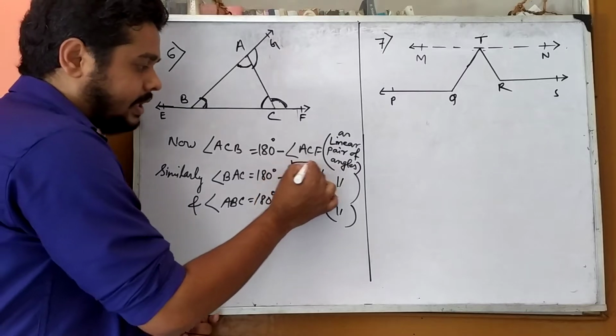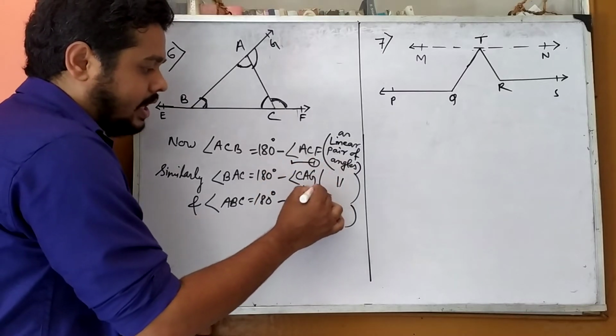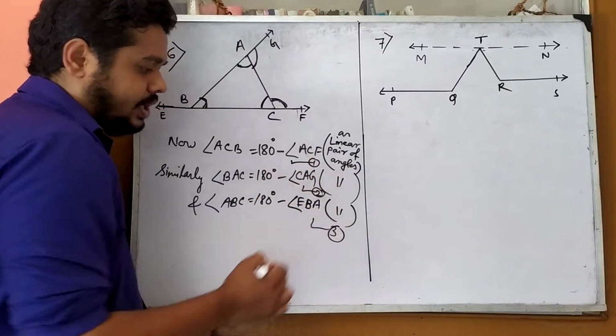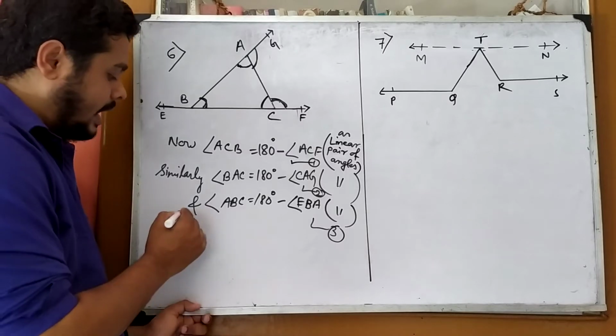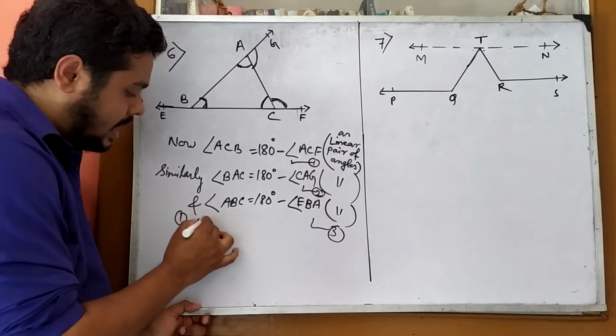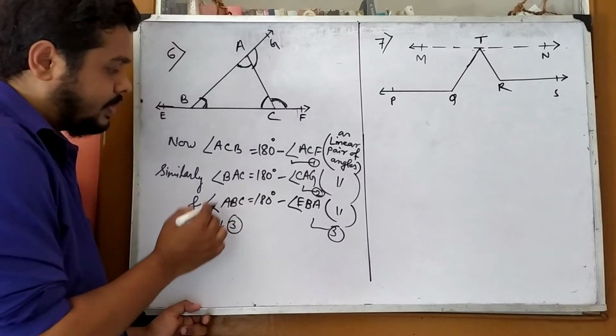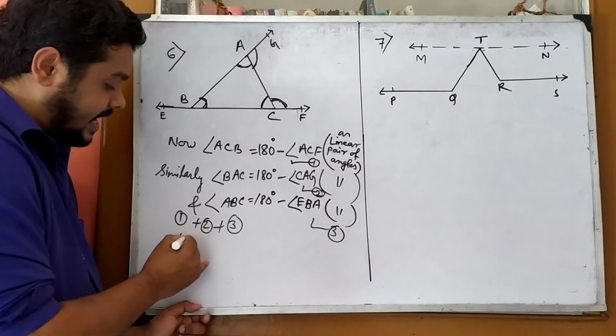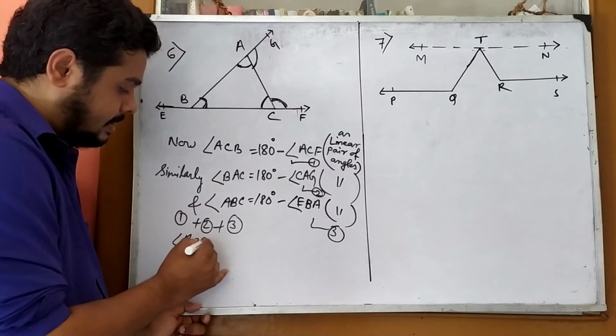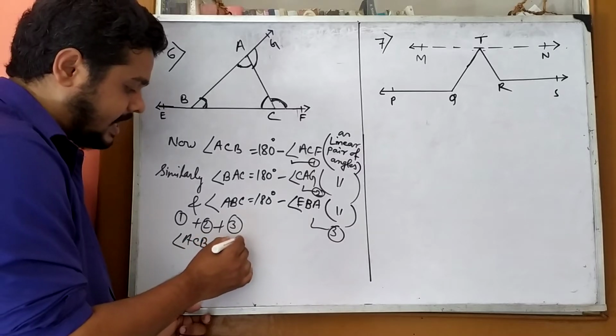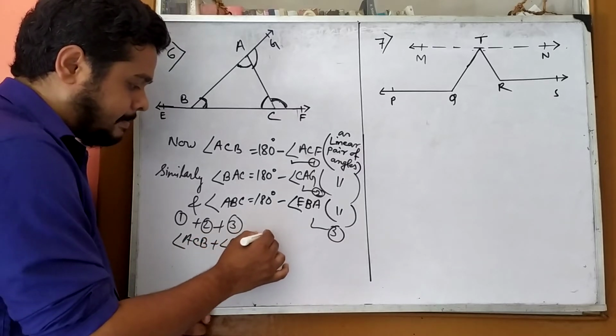Now marking them as equations 1, 2 and 3. Okay, and now adding equations 1, 2 and 3, we can write on the left hand side ACB plus BAC plus ABC.